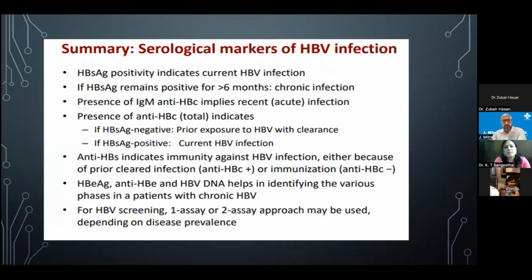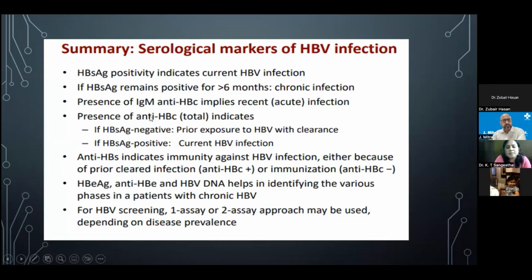Now, to summarize my talk, the various serological markers of HBV infection. HBs antigen positivity indicates current HBV infection. If HBs antigen remains positive for more than 6 months, it is termed chronic infection. Presence of IgM anti-HBc implies recent or acute infection. Presence of total anti-HBc along with HBsAg positivity indicates current HBV infection.